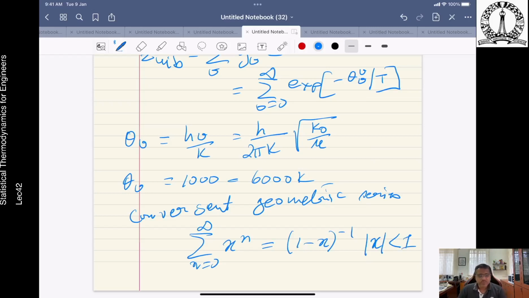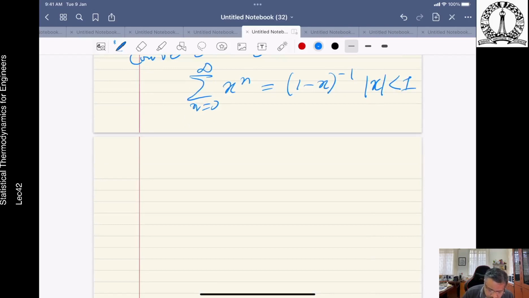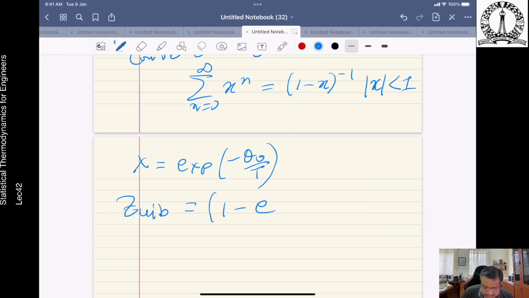Okay, so here of course we can assume that our x is nothing but exponential of minus theta V by T, because the modulus of x is actually less than 1. Okay, so from here we can obtain the vibrational partition function as ZV is 1 over 1 minus exponential of minus theta V by T.